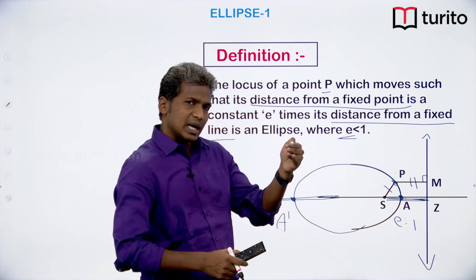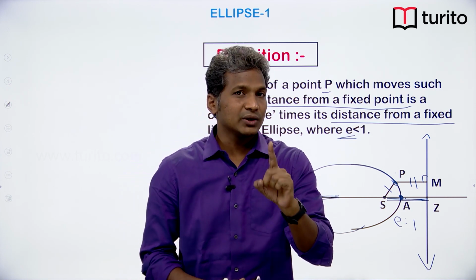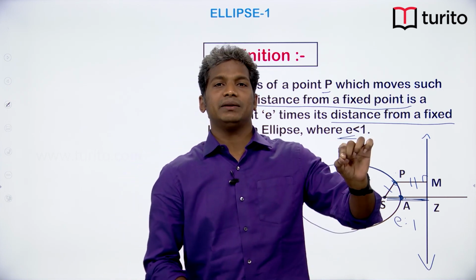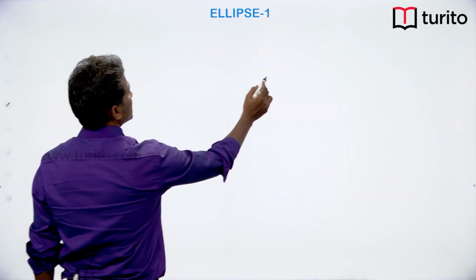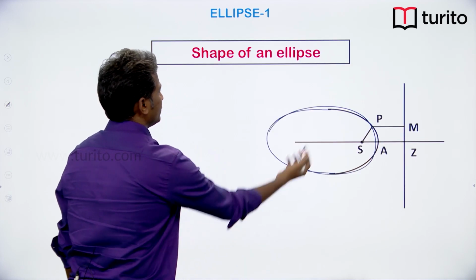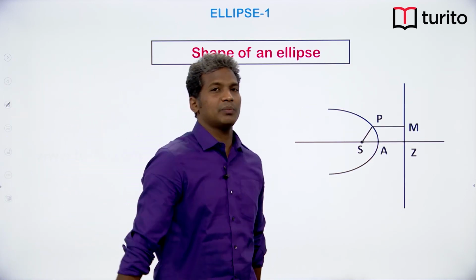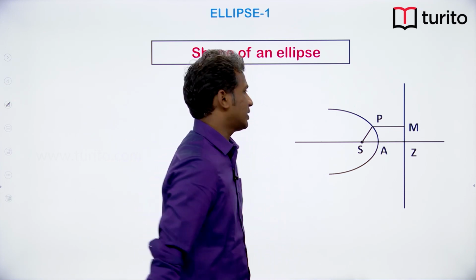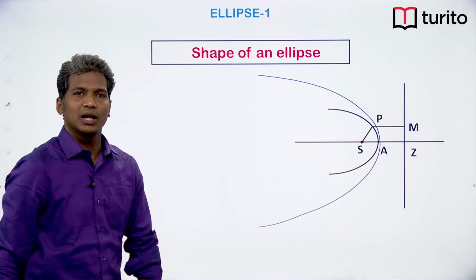If e is less than 1, we will get an ellipse, but e is a constant. If we vary e, what happens? That is one general knowledge point. Suppose we already have a diagram here. Okay. So we are basically exploring what happens if e is varying between 0 and 1. So for e equal to 1, let us say we get a parabola like this.